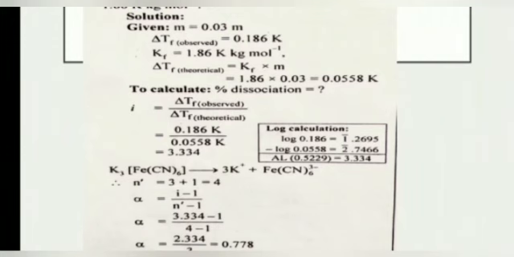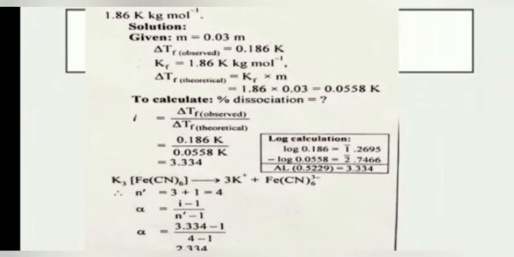Now let us solve one numerical. Here 0.03 molar aqueous solution of potassium ferricyanide freezes at minus 0.186 degrees Celsius. Calculate the percentage dissociation of solute. Kf for water is given, that is 1.86 Kelvin kg per mole. So here first we have to calculate the delta Tf theoretical.